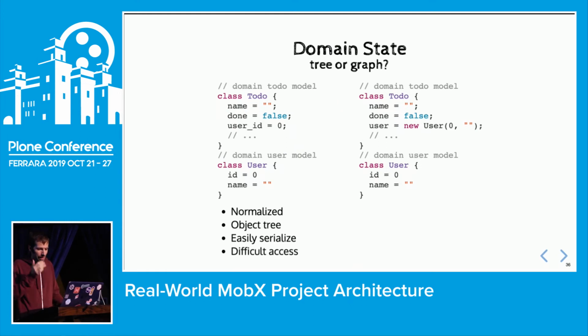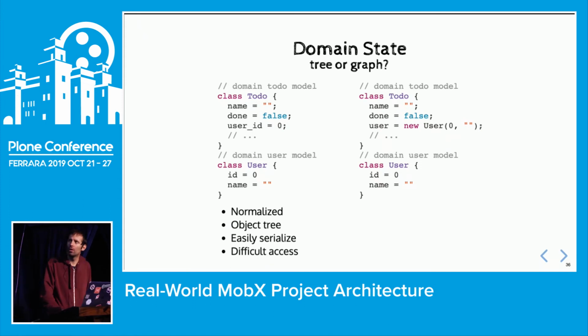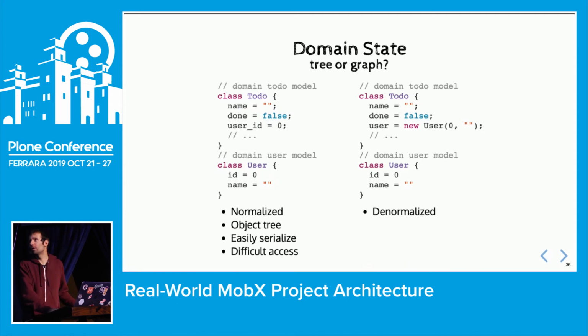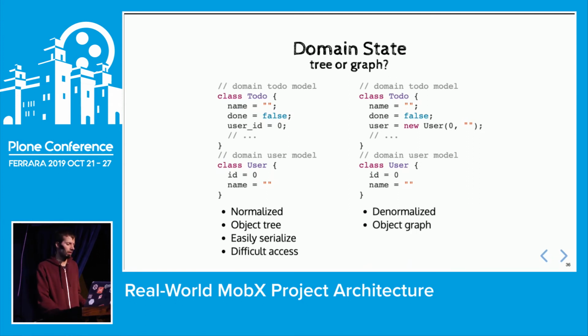But the problem is that this is really difficult to access because if we have our to-do and we need to reach the user of that to-do, we cannot just type in .user and access the user value. We need to ask the store, give me the user with that ID. On the other hand, if we have a graph, the state is completely denormalized.